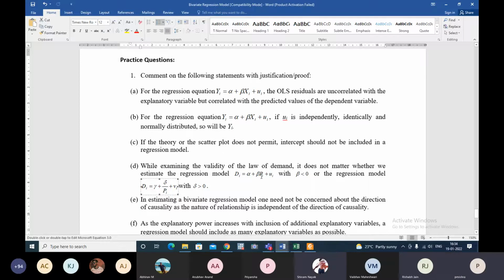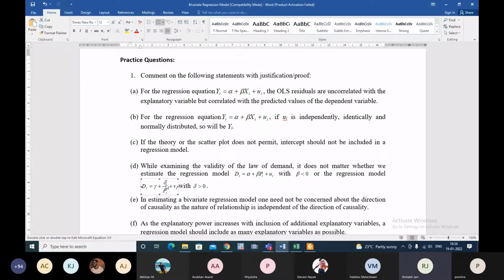Because if beta is negative here, then it is supporting the law of demand. If delta is positive here, then also it is supporting the law of demand. So what would be your response to this question?